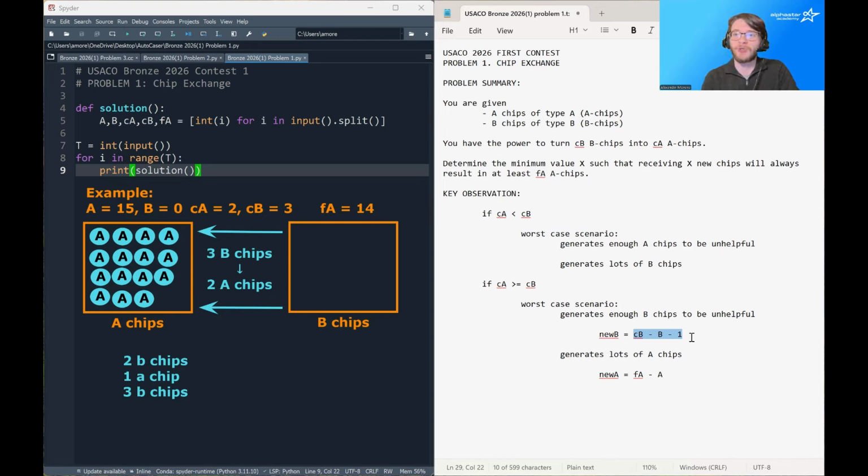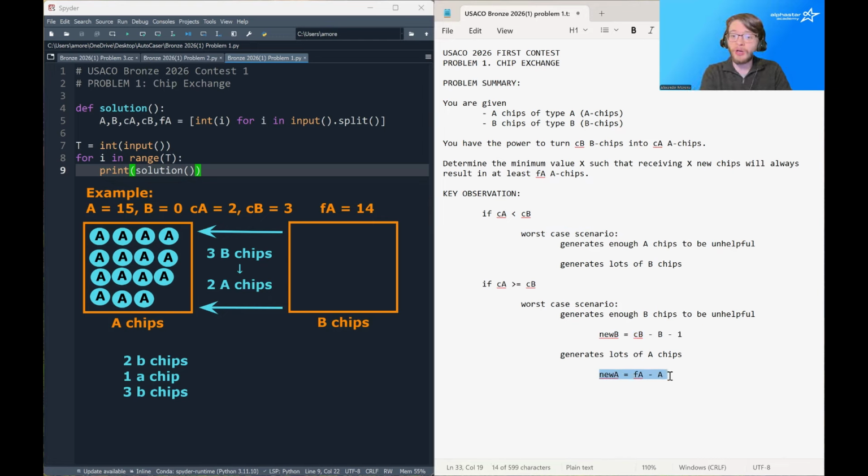So this is the idea of approaching the question from an adversarial perspective. What is the worst thing that could happen to me? Well, the worst thing that could happen to me is I have all of these B chips that I can't use. So when I want to know how many chips I need to guarantee F of A when this condition is true, it's just going to be the sum of these two values.